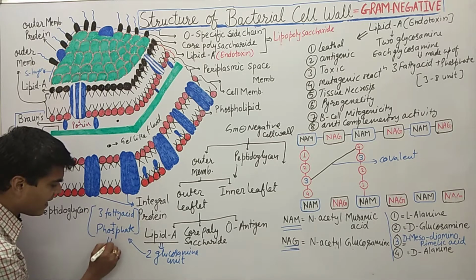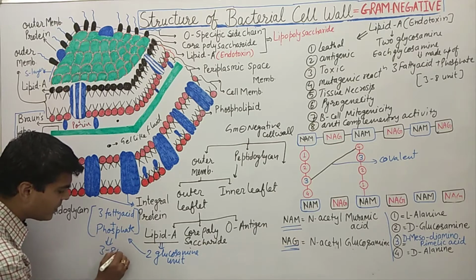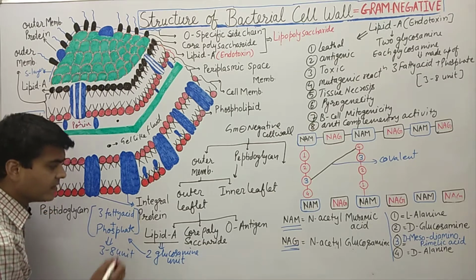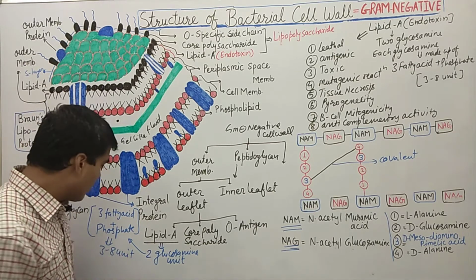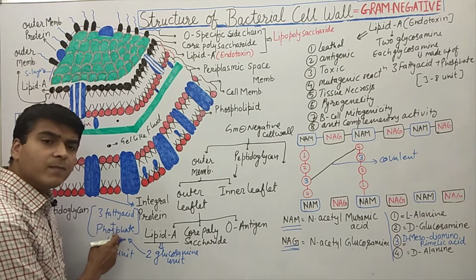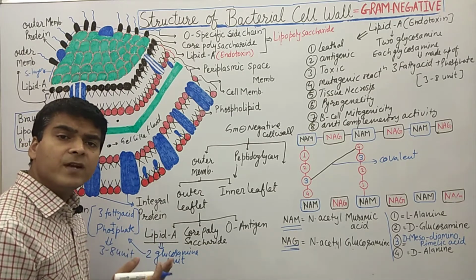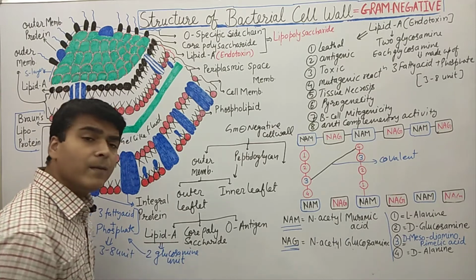So lipid A is 3 to 8 units long and contains 3 fatty acids plus phosphate. In total, 8 units can be found in the lipid A molecule.